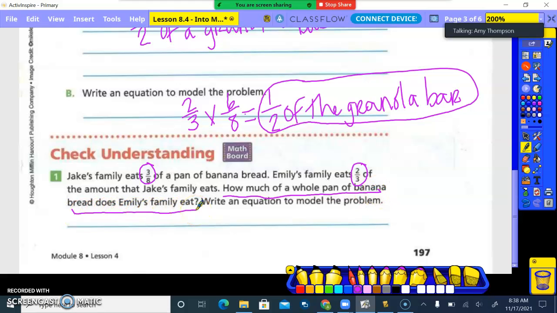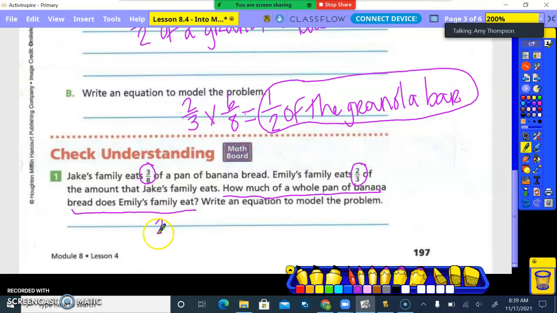So which one goes first, guys? The 2/3 or the 3/8? That's how much Jake's family ate. Emily's ate 2/3 of that.